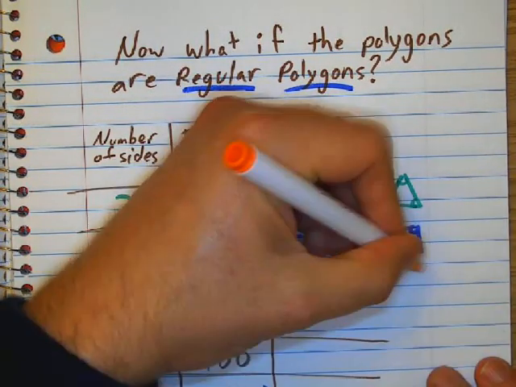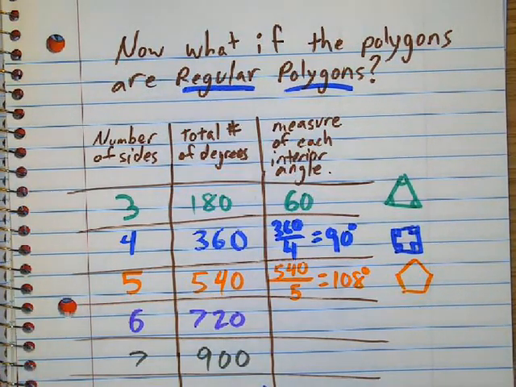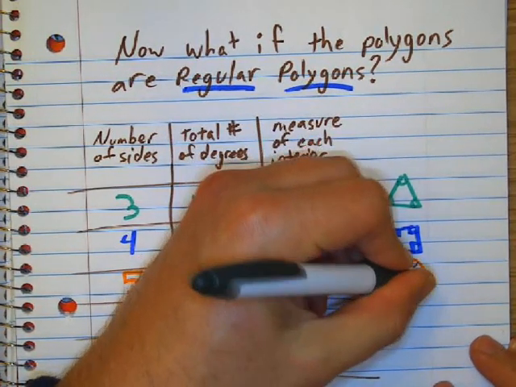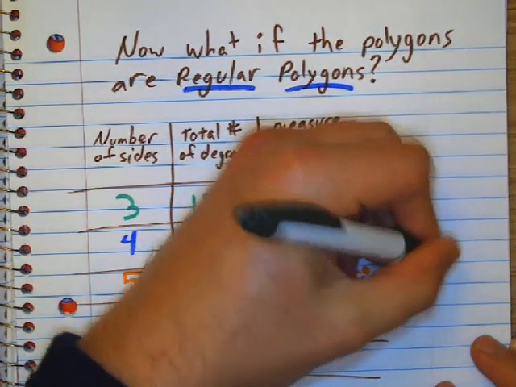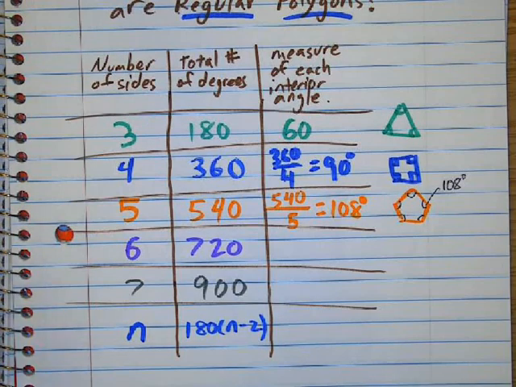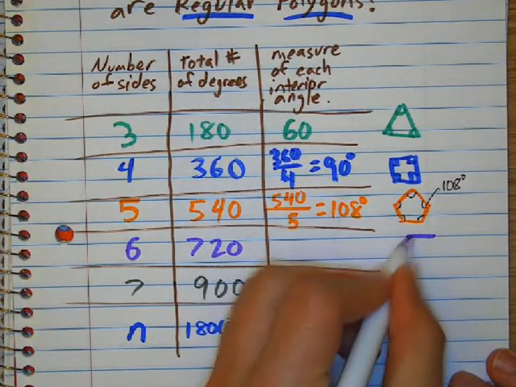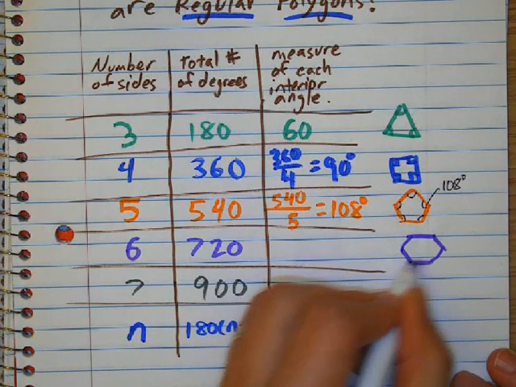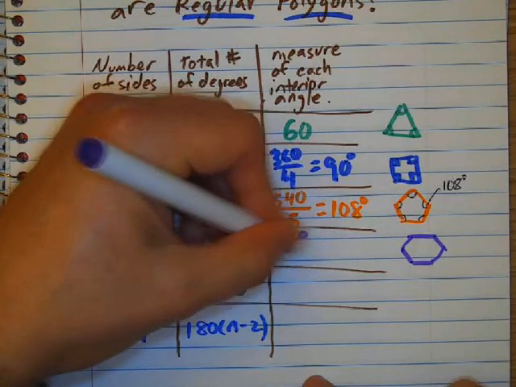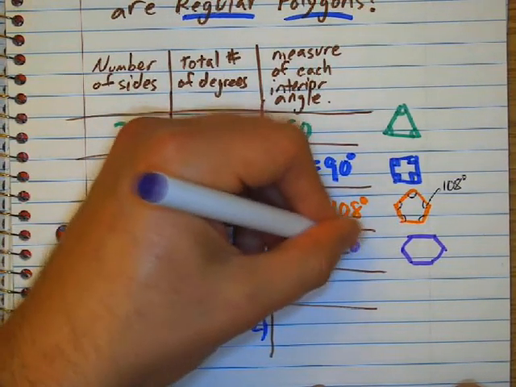So if I've got my pentagon, each of those angles is going to be 108 degrees. Now if I've got a hexagon, you've seen a lot of those, so I can do 720 divided by 6, and that's going to give me 120 degrees.